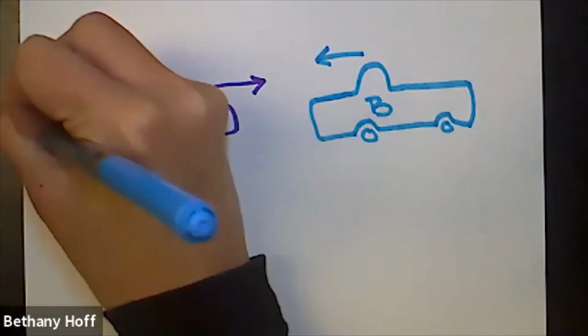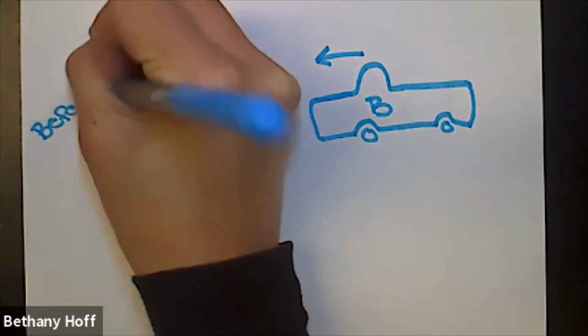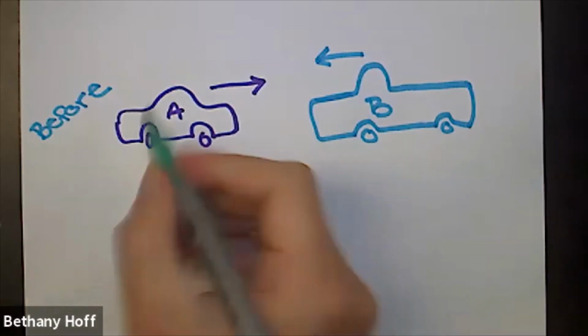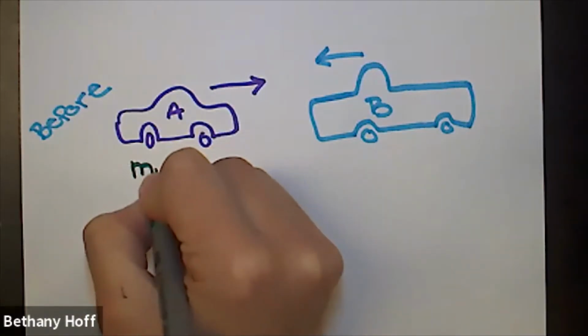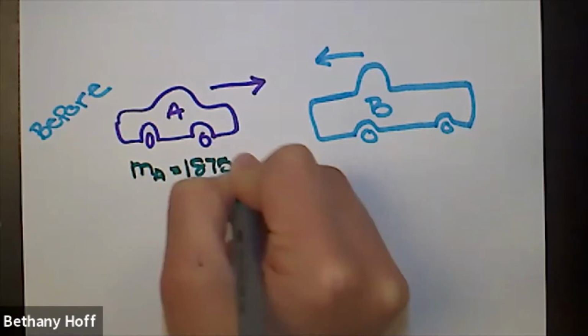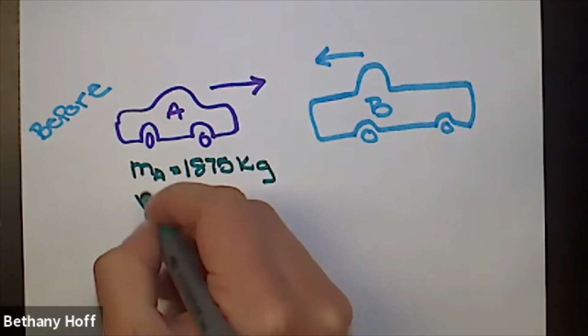So let's think about before. Before the collision, I'm going to label my drawing so that we know what we're dealing with. Car A has a mass of 1,875 kilograms, and it has a velocity.